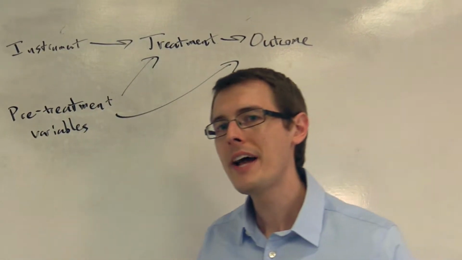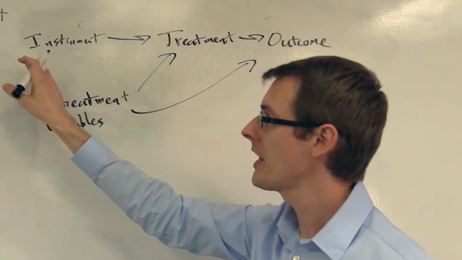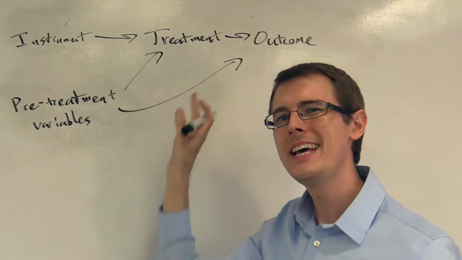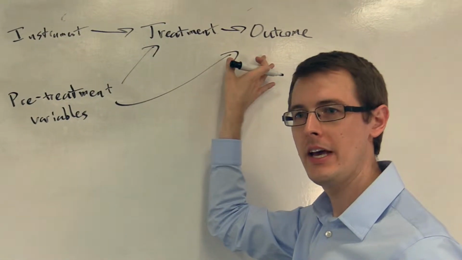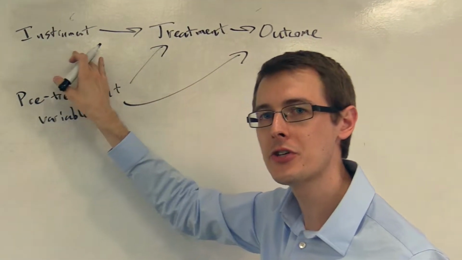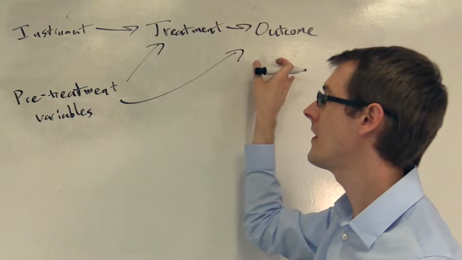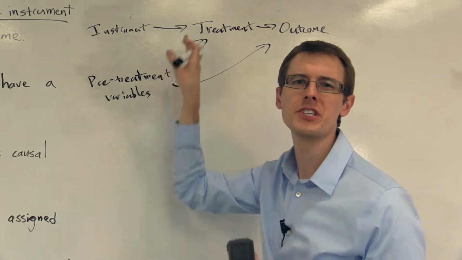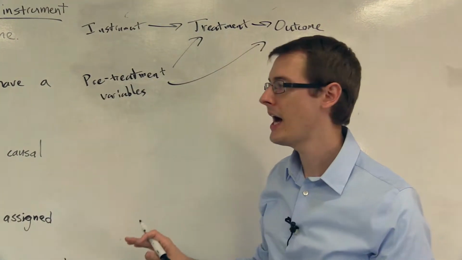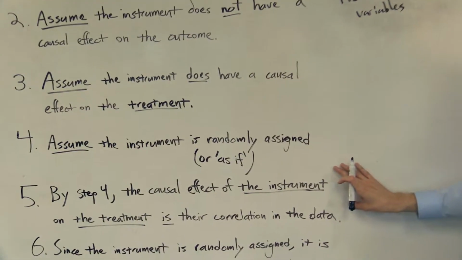So we're not quite done yet because that correlation between the instrument and the outcome isn't exactly the effect we want, the treatment on the outcome. It's the combined effect of the instrument on the treatment and the treatment on the outcome, these two arrows. So we have to somehow remove this first effect. Well, we can do that because of step 5 here.